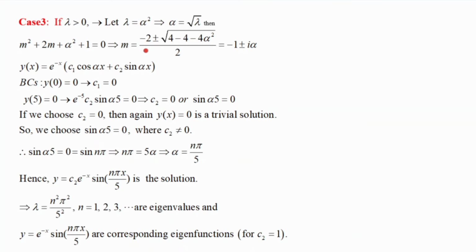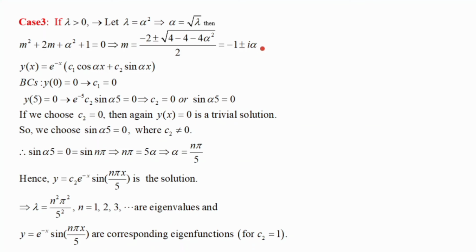When we apply the quadratic formula, we get minus 2 plus or minus root over 4 minus 4 alpha square, divided by 2. Here a means 1, b means 2, c means alpha square plus 1. So we get complex roots, the real part minus 1, imaginary part alpha.